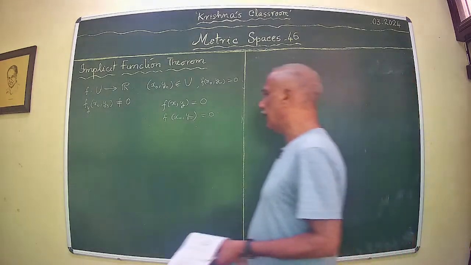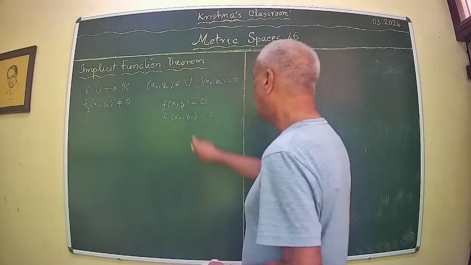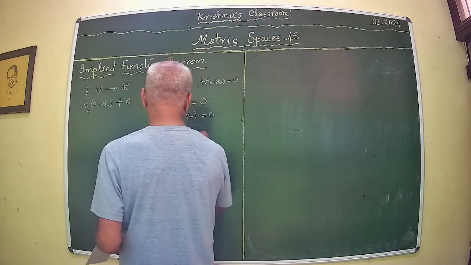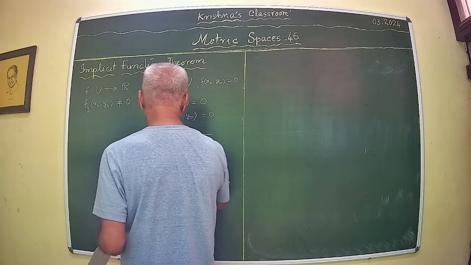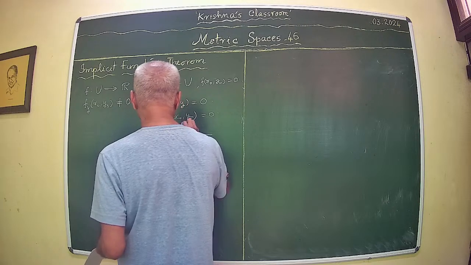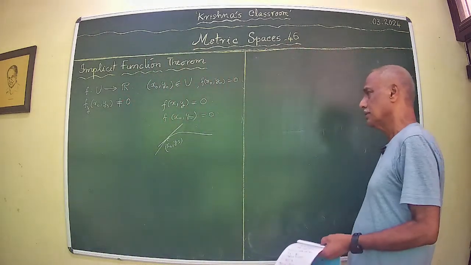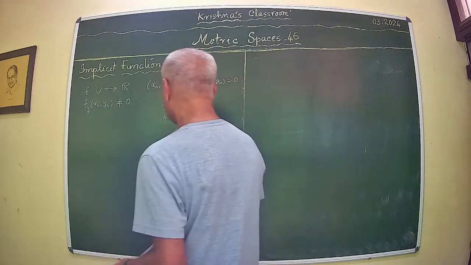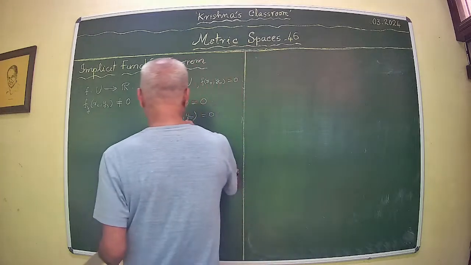And what we have is that you take the portion of the curve at the point x0, y0. Suppose this is the point x0, y0, then the tangent to the curve is well defined and not vertical. That means not along the y-axis. So this is Fy.